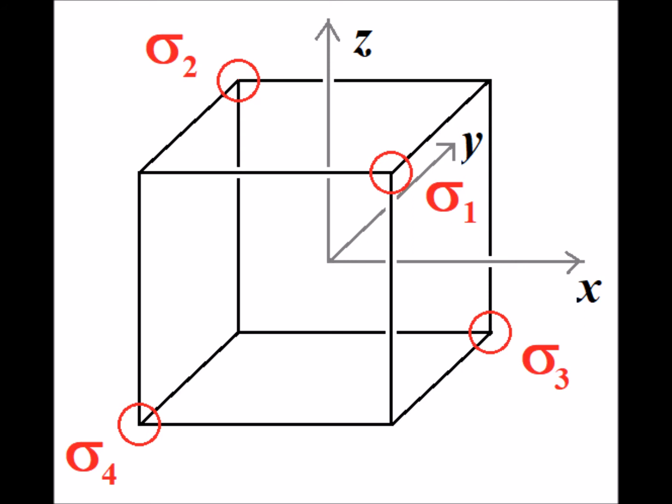Sigma 1, sigma 2, sigma 3, and sigma 4 are the 1s orbitals on hydrogen. The carbon atom, which would be at the origin of the axes here, is not shown. The first step is to derive the so-called group orbitals, the linear combinations of orbitals on the hydrogen that have the symmetry of the molecule.